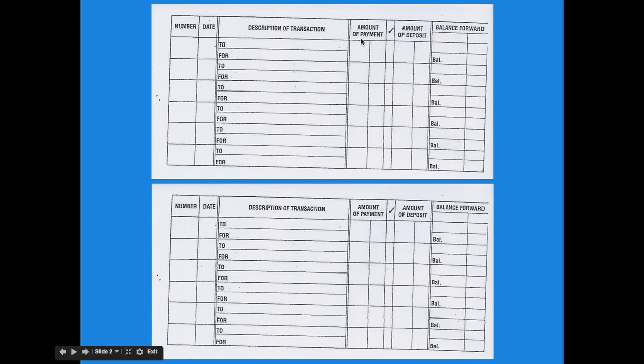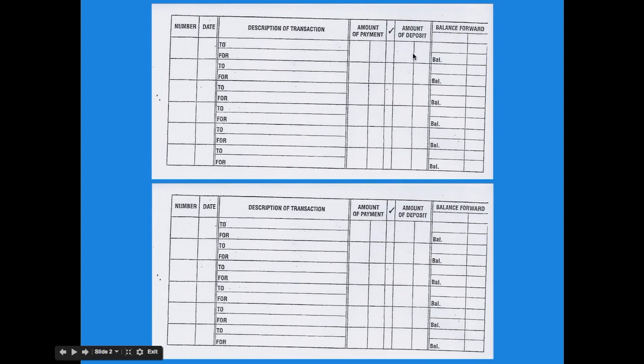There's an amount of payment column, and this vertical line represents the decimal point. This is the column where you check off which transactions have processed through the bank. There's the amount of deposit column, again with the vertical line midway through it representing the decimal point.